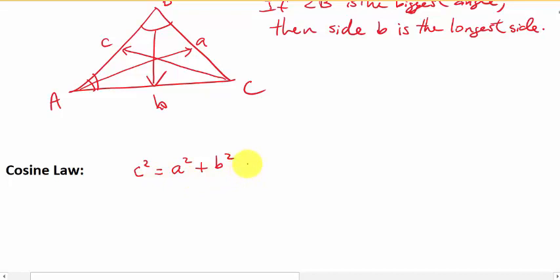So we do have to subtract here. Minus 2 times these two letters right here, a, b, and cos of the angle across this side over here, so angle C.